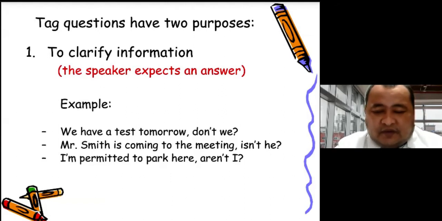So we can say, we have a test tomorrow, don't we? We have a test tomorrow, right? And then the answer would be yes or no. In a regular simple sentence, we can say, are we going to have a test tomorrow? So that is a regular interrogative sentence, a question.